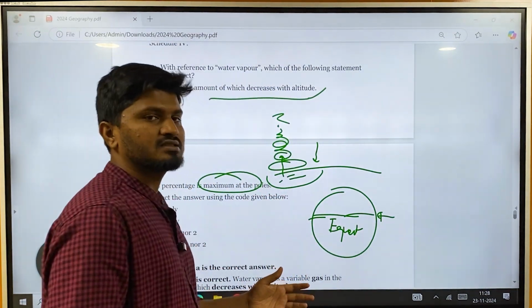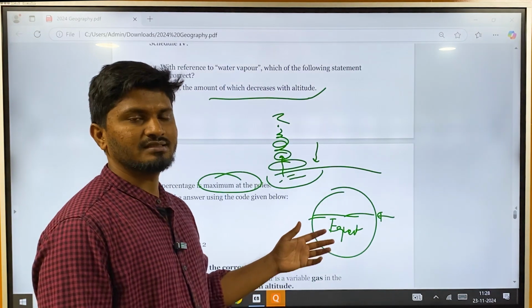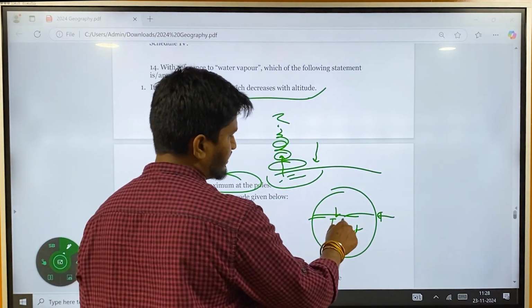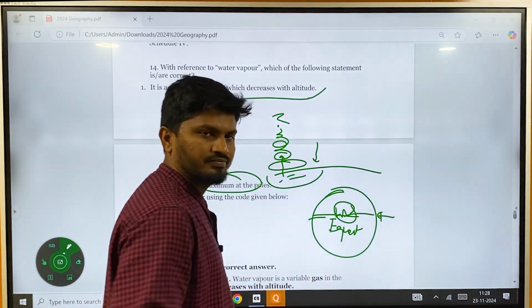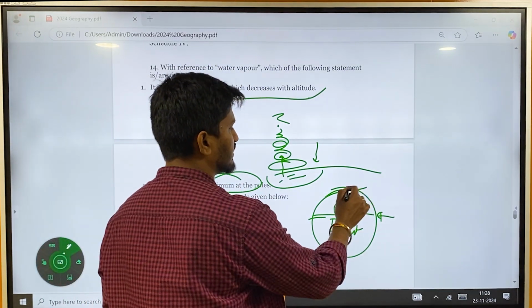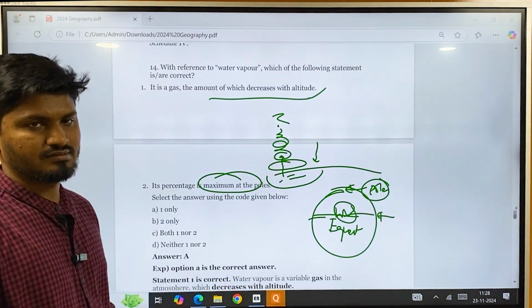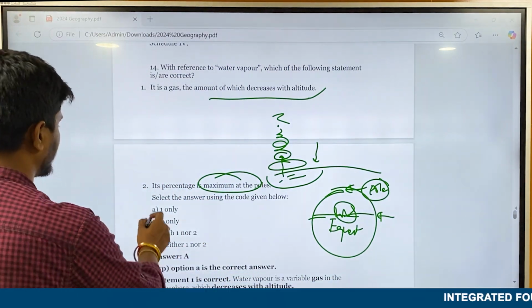So the chances of water vaporizing are more in the center. So there will be more water vapor at the equator compared to the poles, because insolation is very low at the poles. Okay, here you have to apply logic. With this you can answer this question, 1 only.